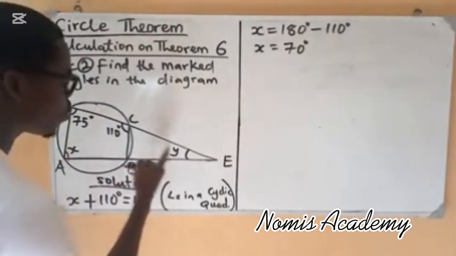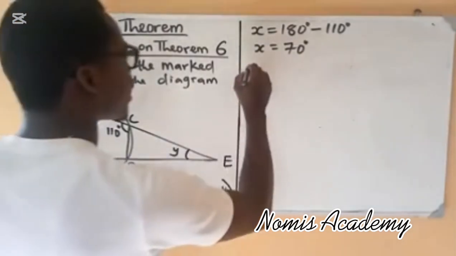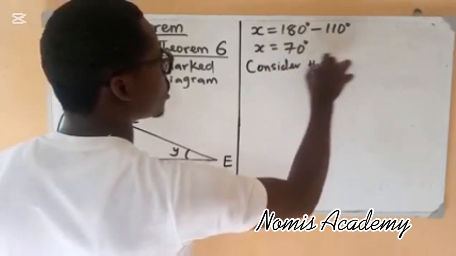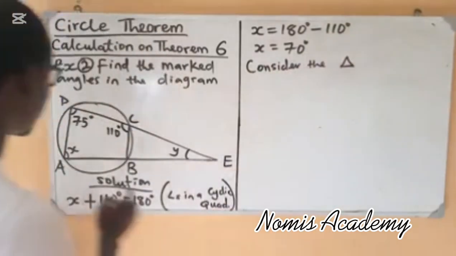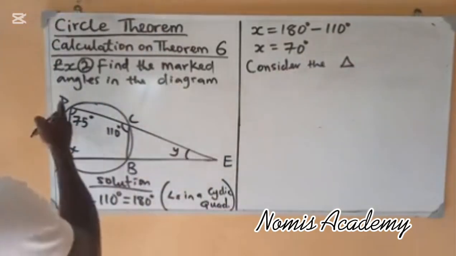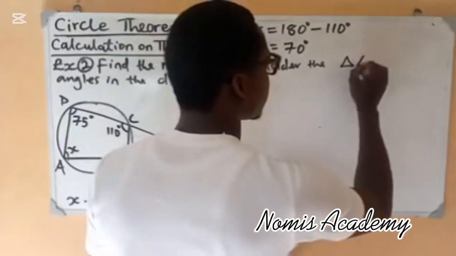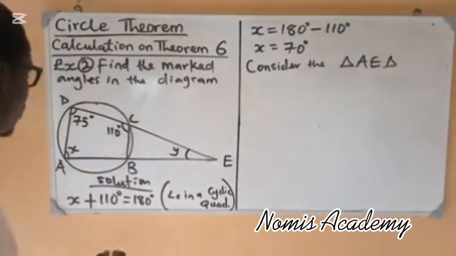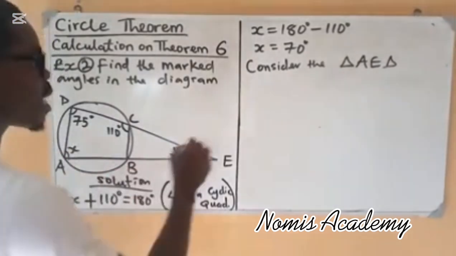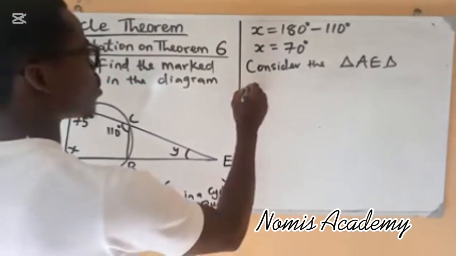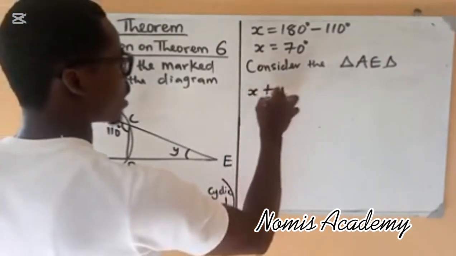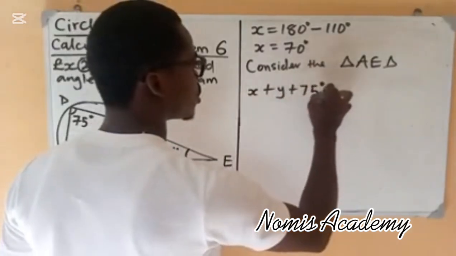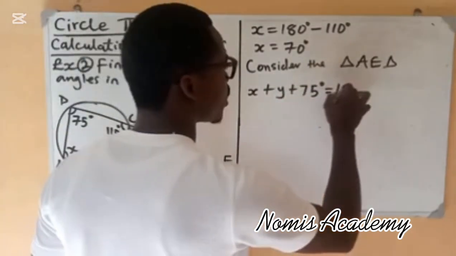Now to find Y, we consider the triangle AED. Now in AED we have X plus Y plus 75 degrees equal to 180 degrees.